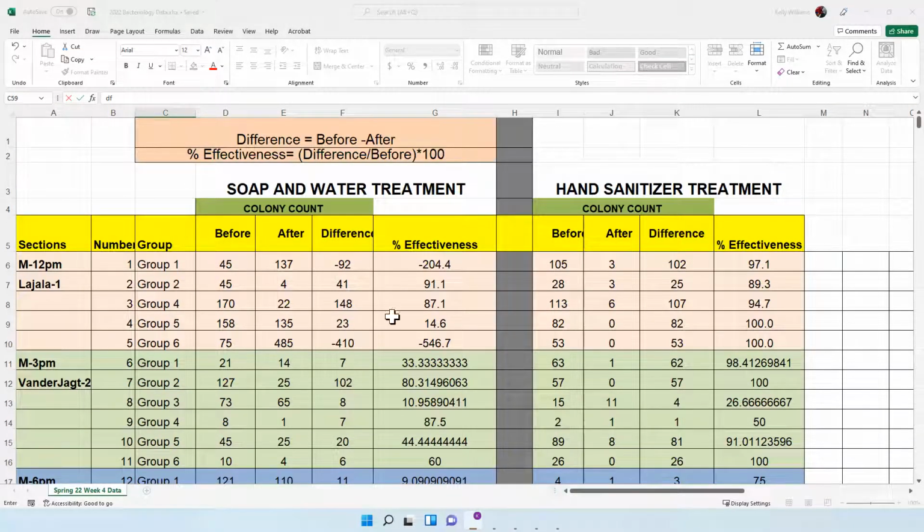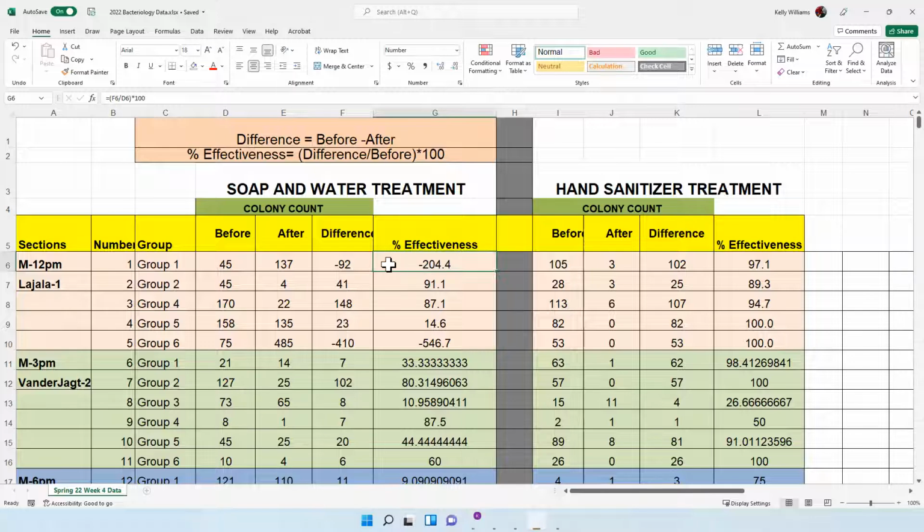We have the difference here, and we also calculated the percent effectiveness.